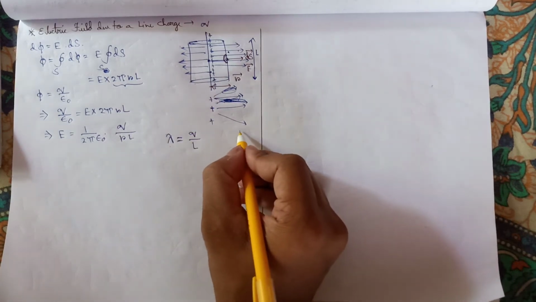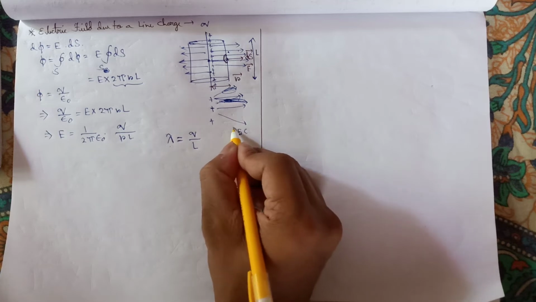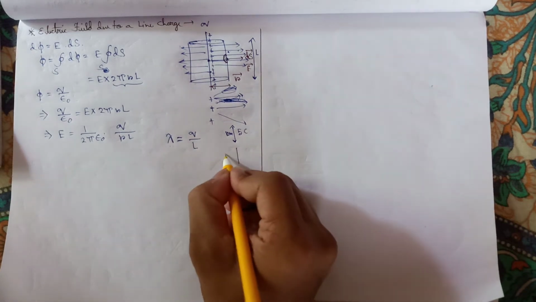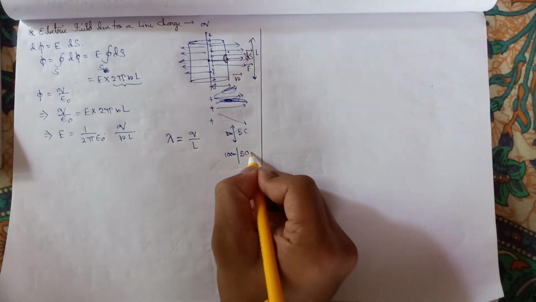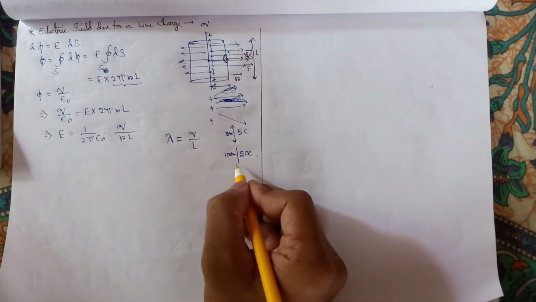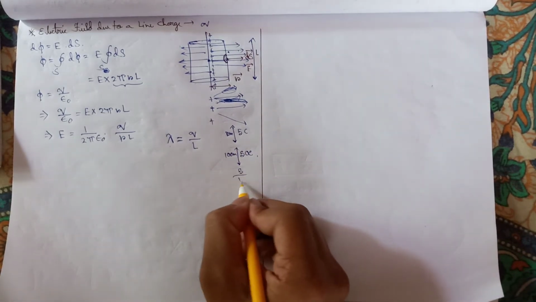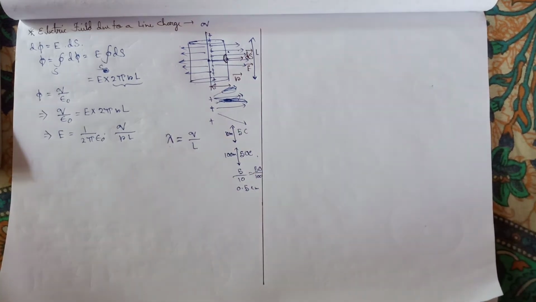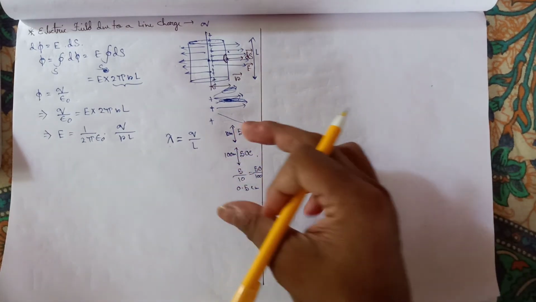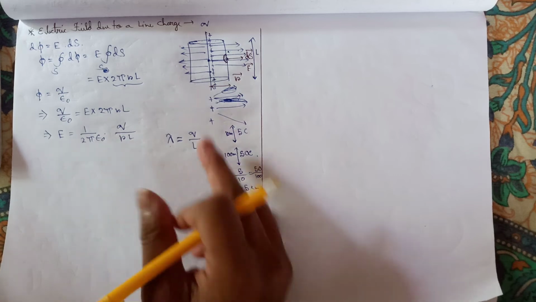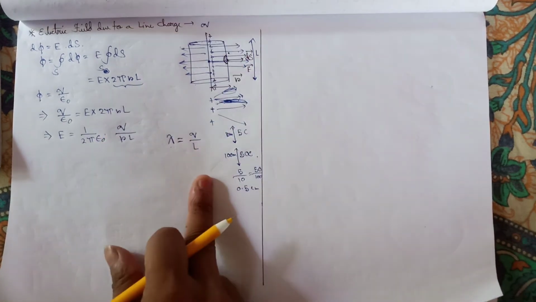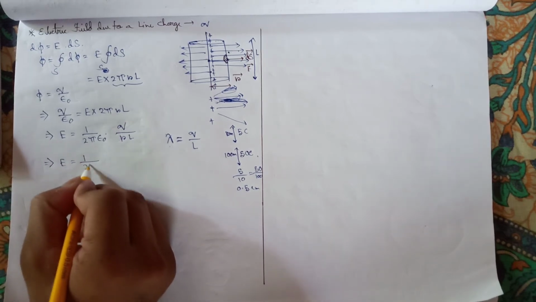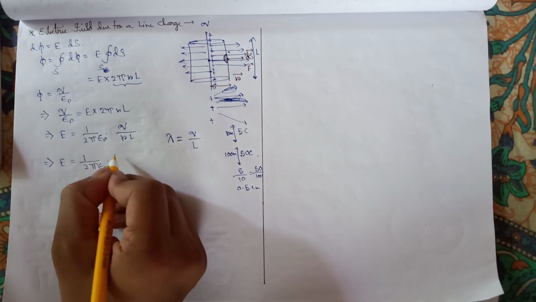That means if 5 coulomb charge is within 10 meters, then for 100 meters it will have 50 coulomb charge. So per unit length it will be 5 by 10, equal to 50 by 100, that is 0.5 coulomb per meter. It does not matter whether the length is very high or very low, the charge density is constant all over the line. So the electric field will be 1 by 2 pi epsilon naught, lambda by r.